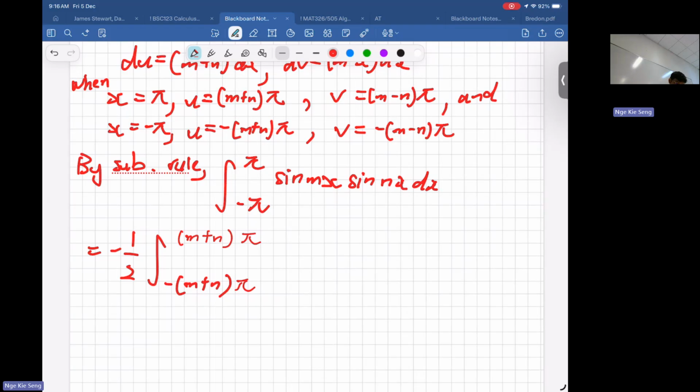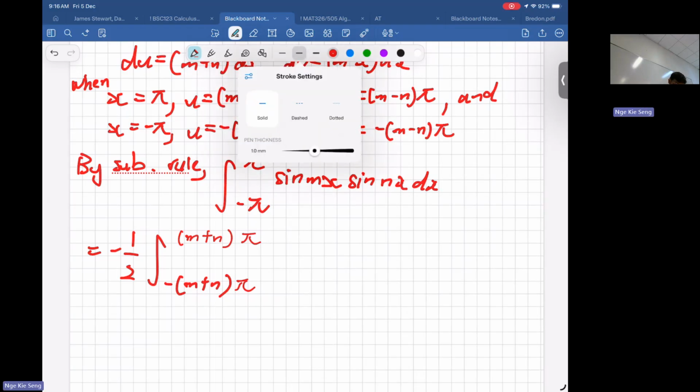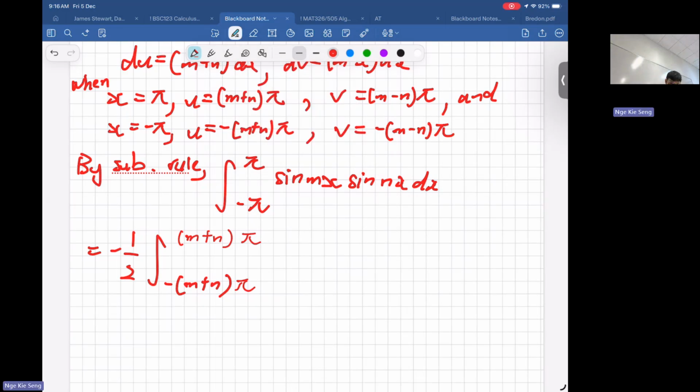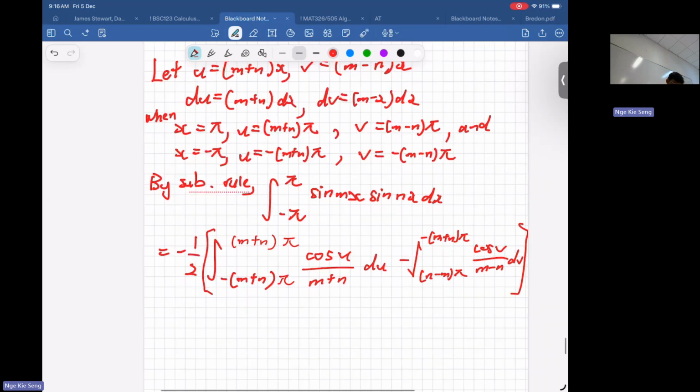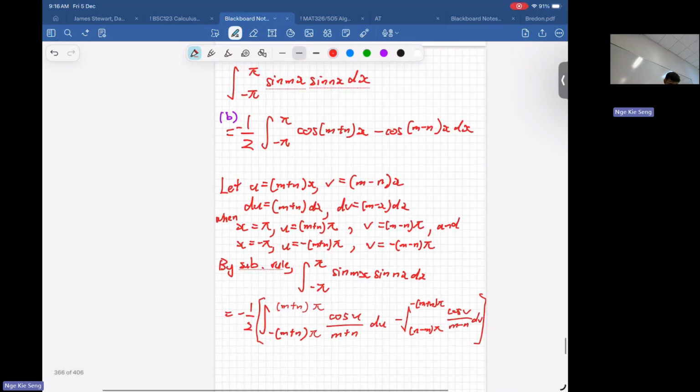Cos u over (m plus n) du minus the integral from minus (m minus n) pi to (m minus n) pi of cos v over (m minus n). Need a bracket? Yeah, need a bracket. Okay, I pulled it out.